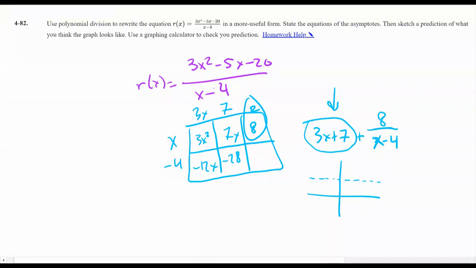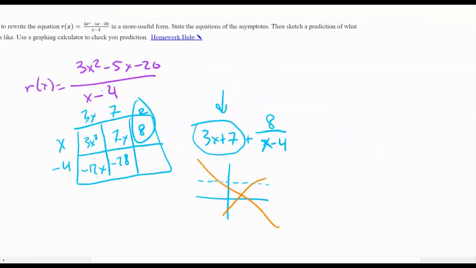Well, in this situation, it's not going to be like that, because my asymptote no longer is just a number, it's an equation in itself that I just circled here. So really, that's going to be an asymptote which we call a slant asymptote, because 3x plus 7 is the equation of a line that is no longer horizontal.